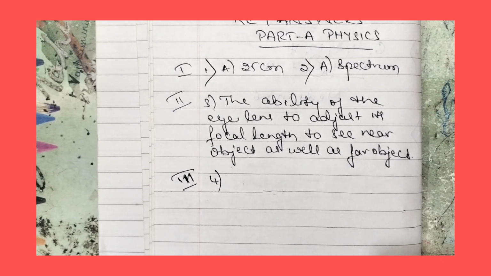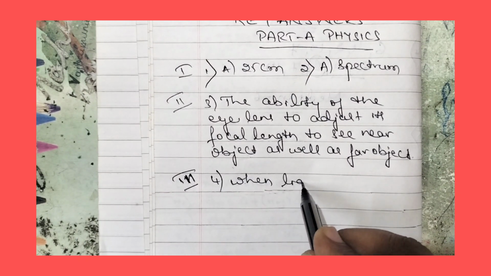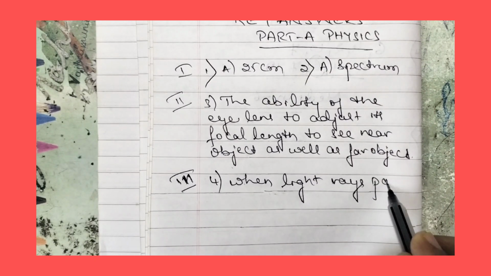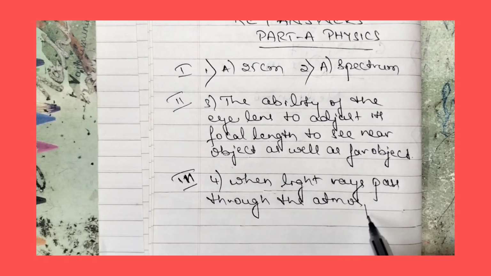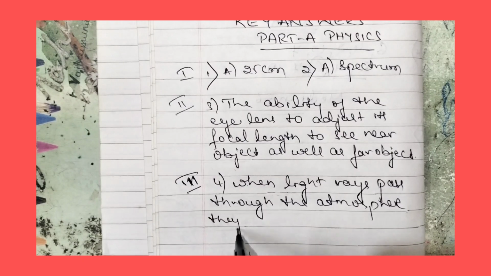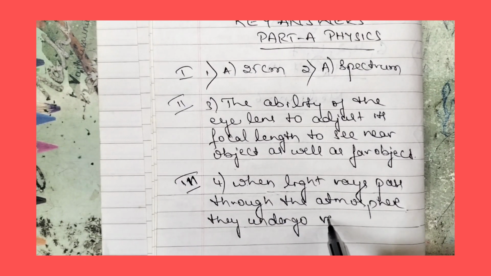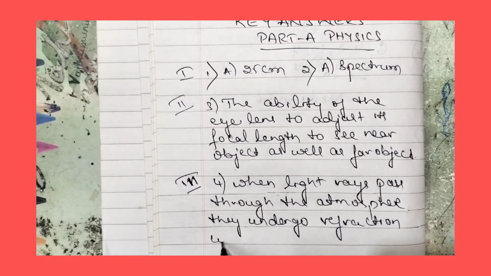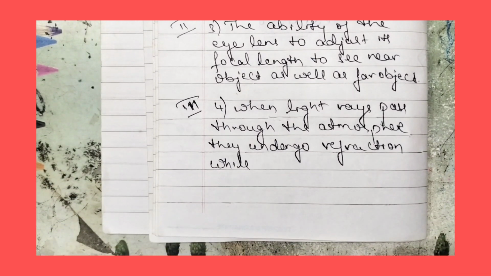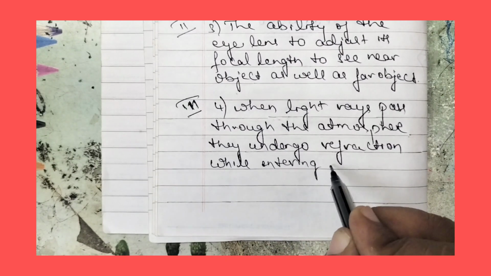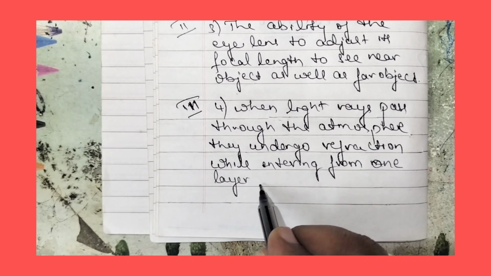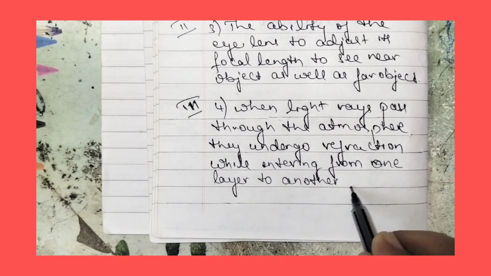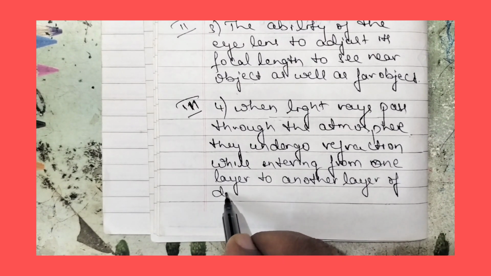Atmospheric refraction is defined as: when light rays pass through the atmosphere, they undergo refraction while entering from one layer to another layer of different refractive index.